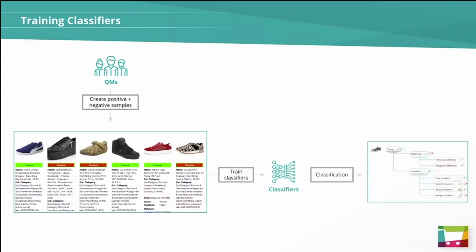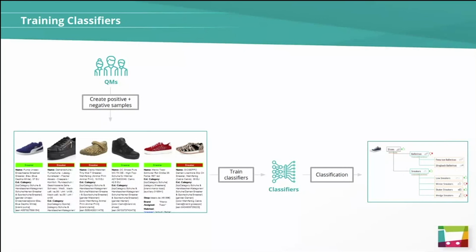After getting these models, we needed to train the models. Machine learning is of course not magic learning. So obviously there is still some manual work involved, for example, in defining positive and negative samples.